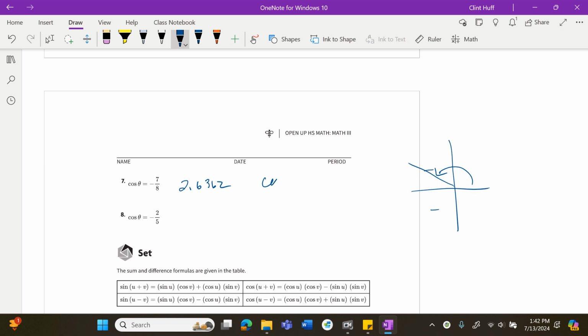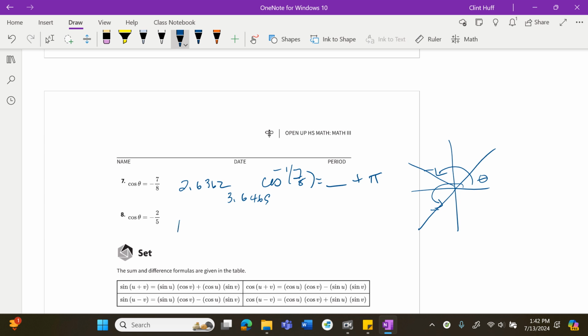Again, I would get the reference angle, the inverse cosine of 7/8, get that value right there, the reference angle. And then when you get the reference angle over here, the angle in quadrant number 3 is pi plus that value. And if you do that, you're going to get 3.6469 approximately.